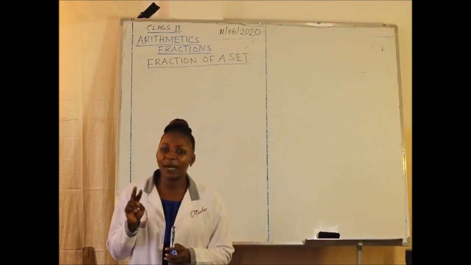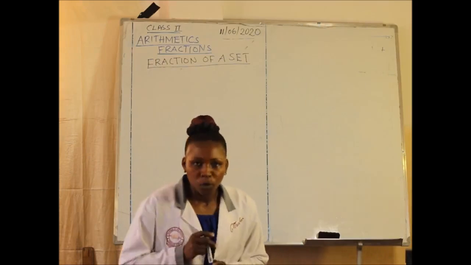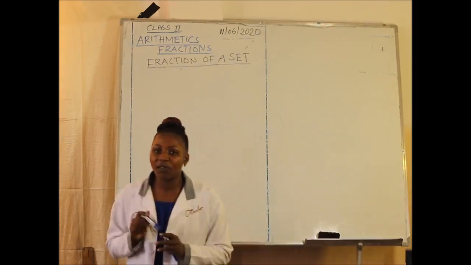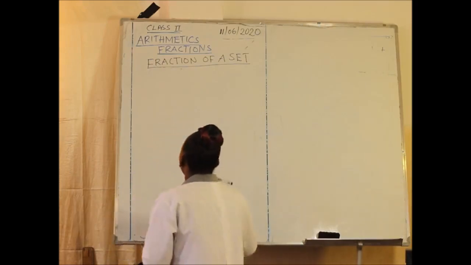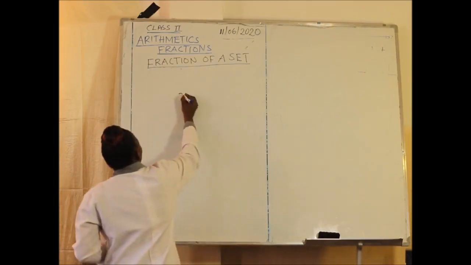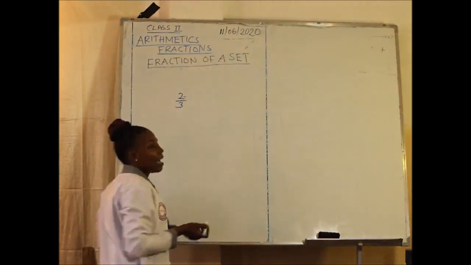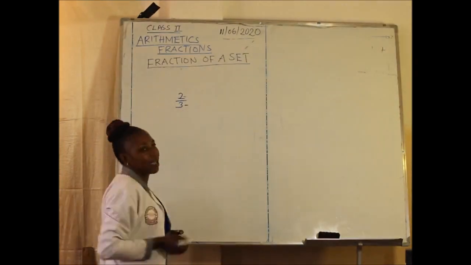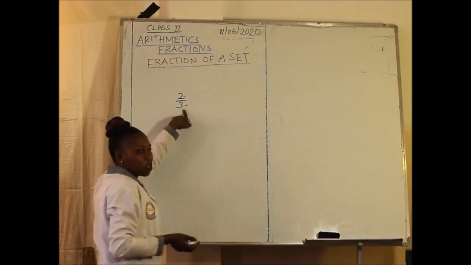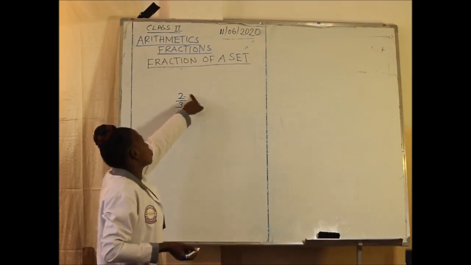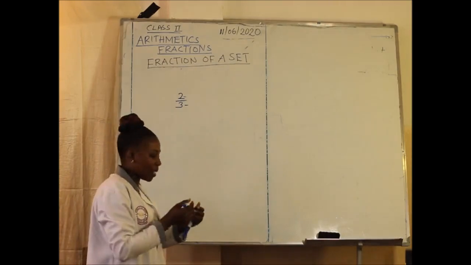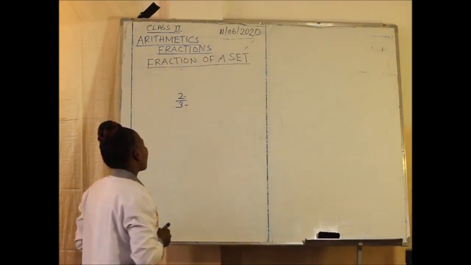So those 2 shaded parts stand for 2/3. Writing 2/3 in figures, this 2 here is the numerator and this 3 here is the denominator. Denominator means the total number of equal divided parts, and the 2 stands for the shaded parts or the parts removed from a whole thing.